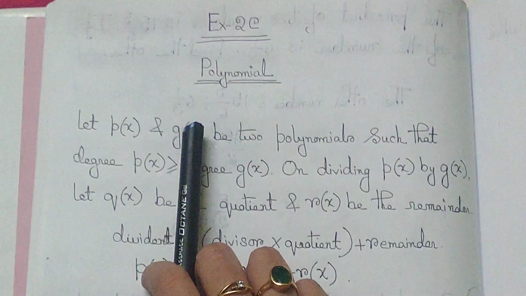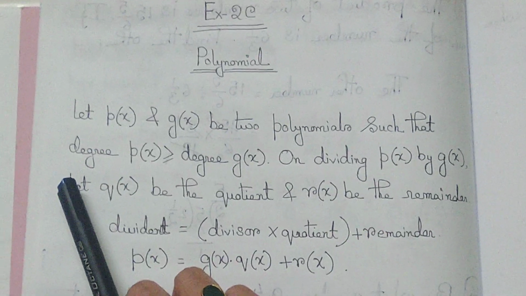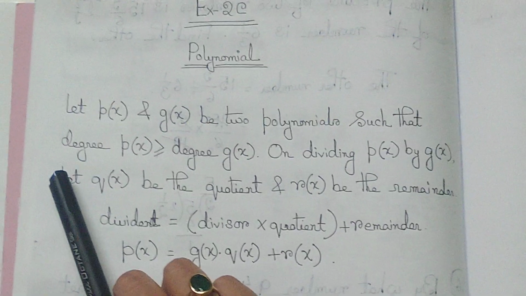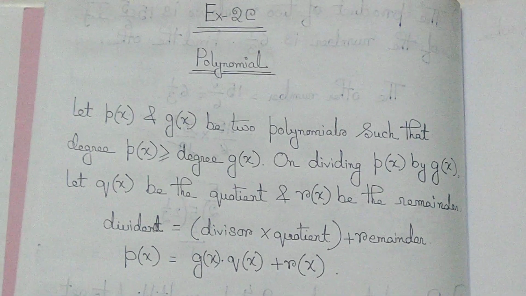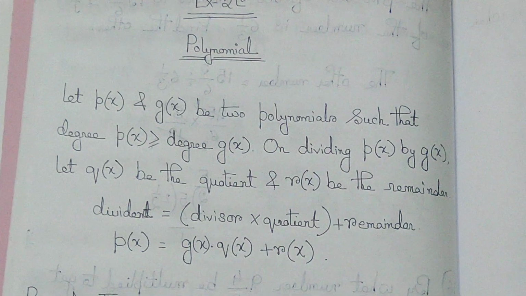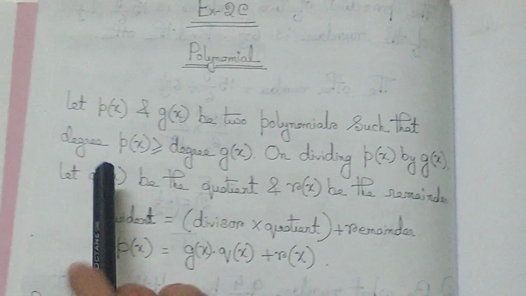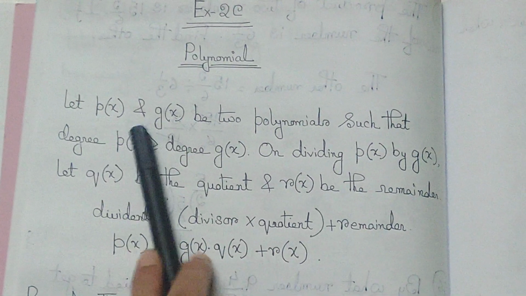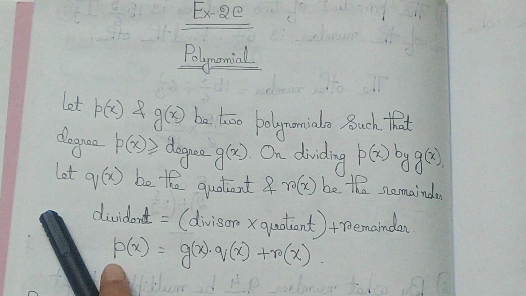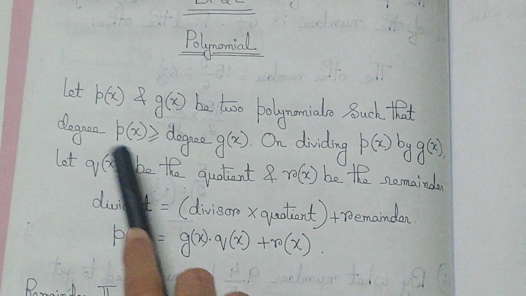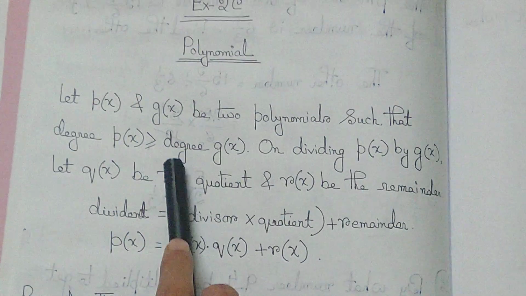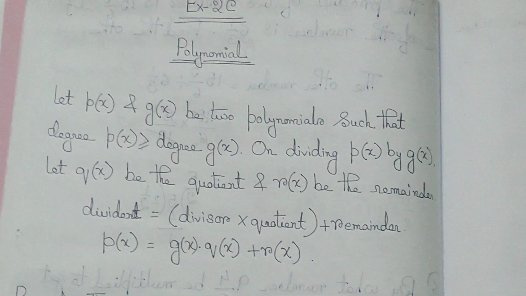Exercise 2C, polynomial. Before explaining the remainder theorem, let me first discuss a few things. Let p(x) and g(x) be two polynomials such that the degree of p(x) is greater than or equal to the degree of g(x).